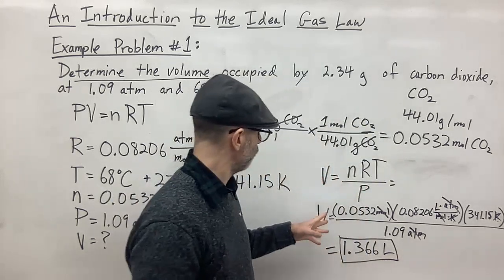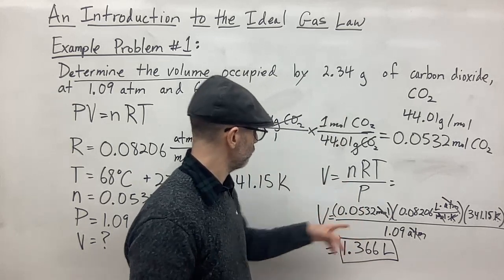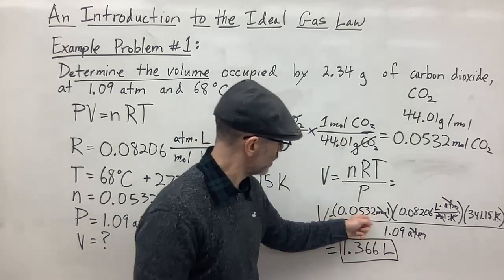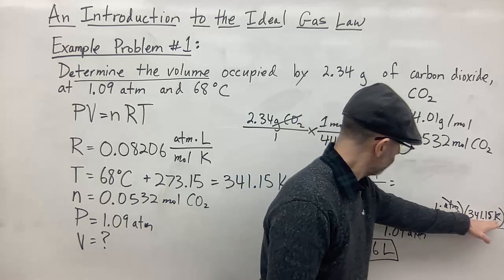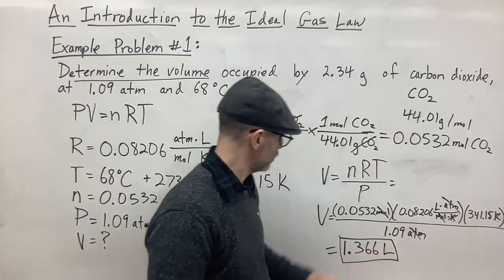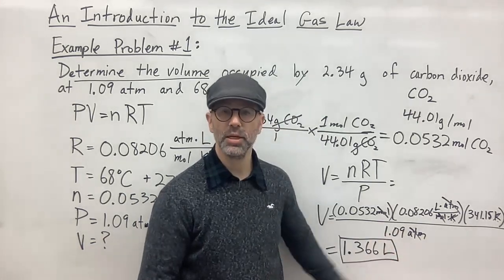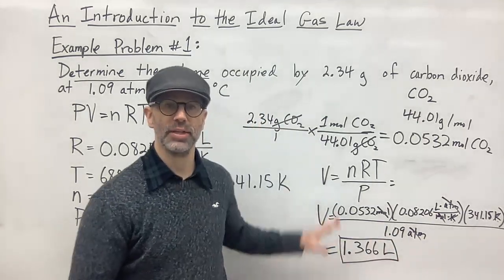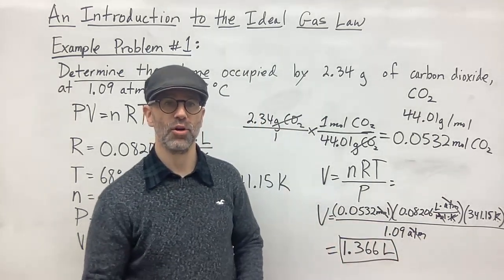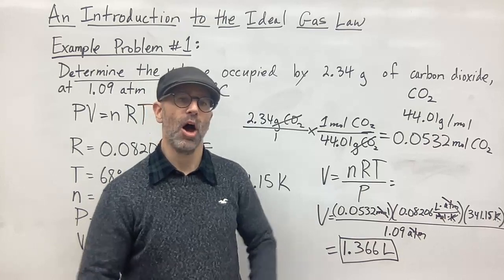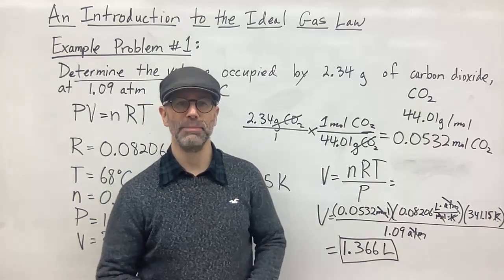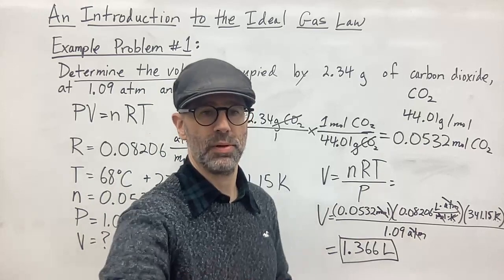Now, if we're paying attention to significant figures, we have 3 significant figures here, we have 4, we have 5, we have 3. So technically, we would round this to 1.37 liters, but that's how you get the answer using the ideal gas law.